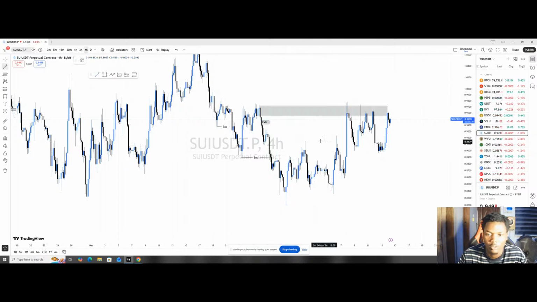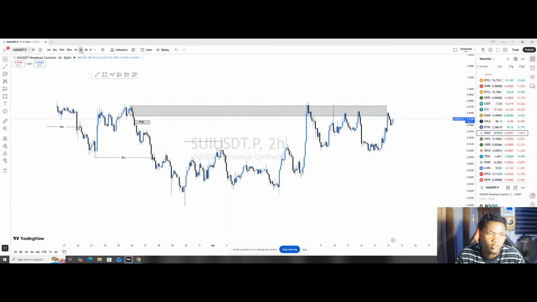You can see this liquidity level. Price actually tapped this other block and came down, then tapped again, then came down, and also went up. So let's go to the 2 hours time frame.